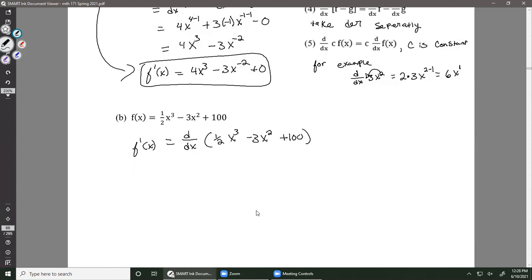We can split this out, and I'm going to go ahead and skip a step to 1/2 d dx of x cubed minus 3 d dx of x squared plus d dx of 100. I kind of combined rules 3, 4, and 5 together.